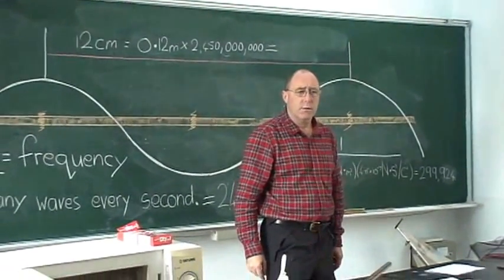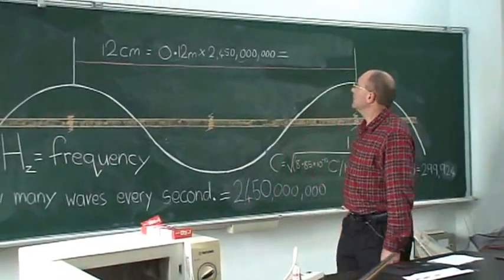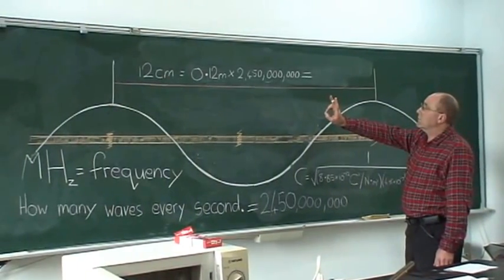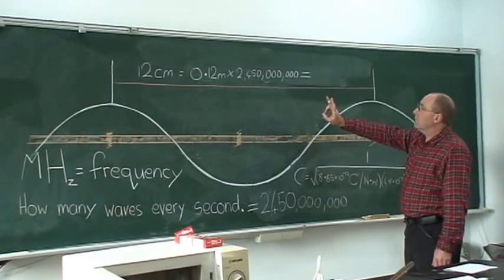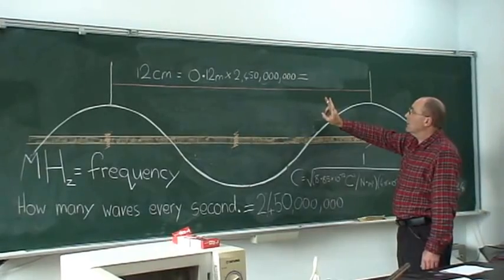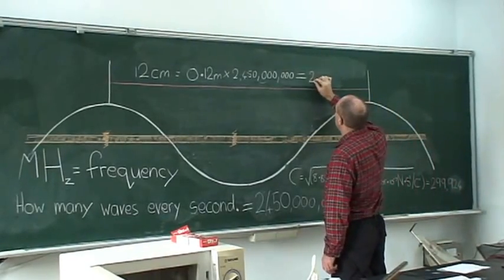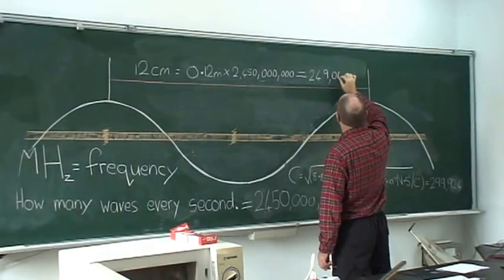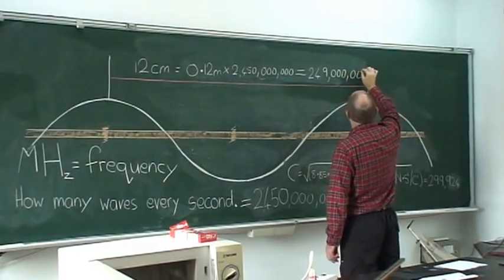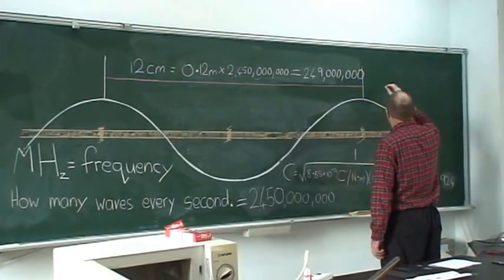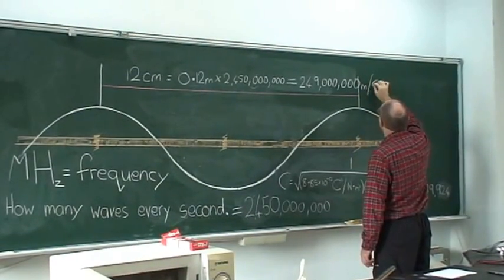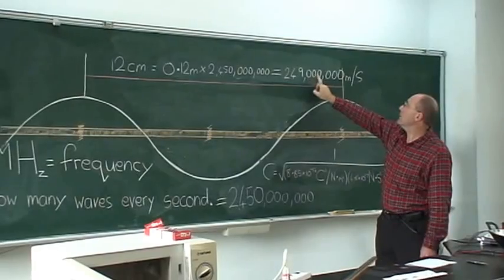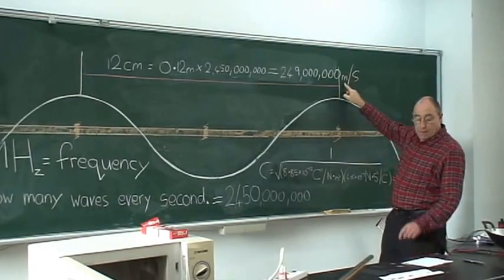Who's good at math? 2, 4, 9. Meters every second. 2, 4, 9, 0, 0, 0, 0, 0, 0.